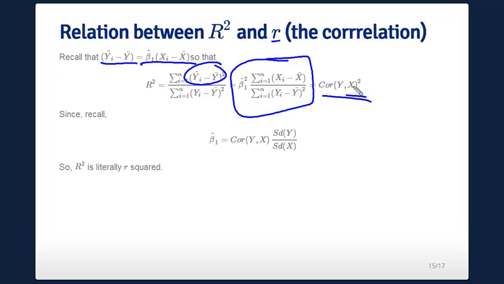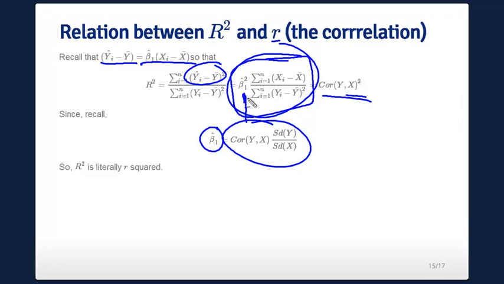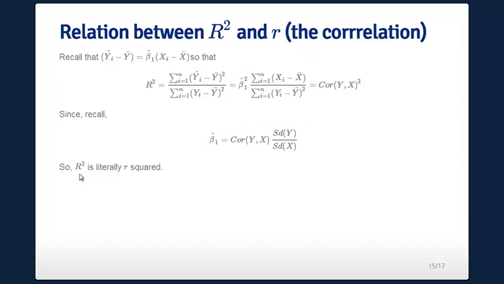It's not immediately obvious why that's the case, but remember you have to plug beta 1 hat, which was the correlation times the ratio of the standard deviations, back into there and you'll see that's the case. So the long and short of it is, if we define r as the correlation between x and y and r squared as the percentage of the total variation explained by the model, r squared is literally r squared. Okay, and that's maybe where it gets its name.